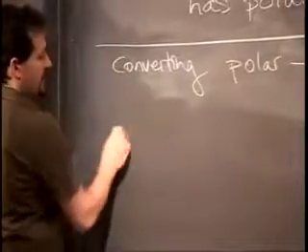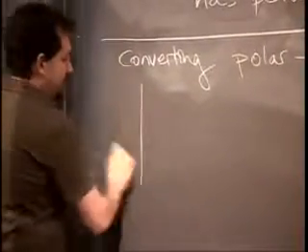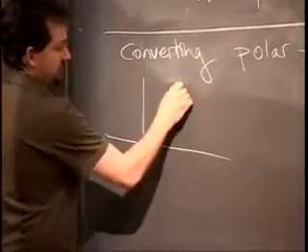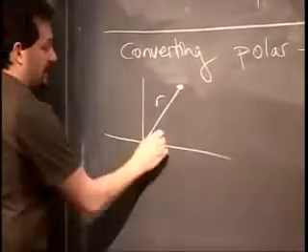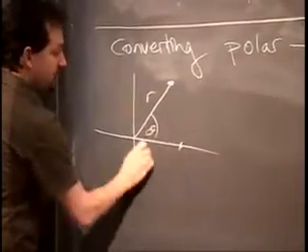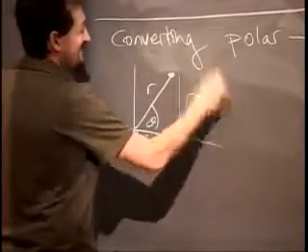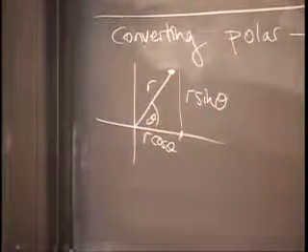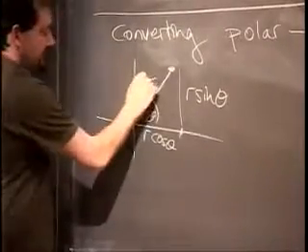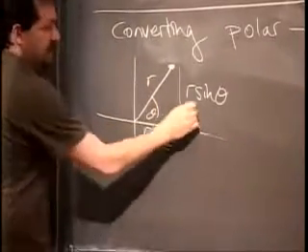Look, to convert from polar to Cartesian, the geometry is quite simple. The distance is r, and the angle is theta. So the x-coordinate is r cosine theta, and the y-coordinate is r sine theta. Given r and theta, I just need to find these quantities.